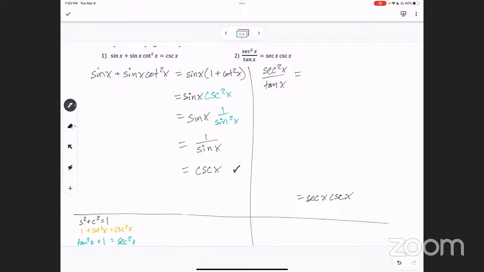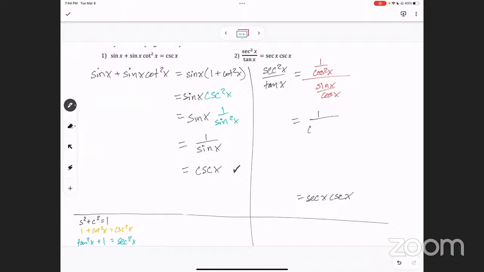Yeah, sine and cosine, you mean? Yep. And what's secant equal to? 1 over cosine. Good. And what's tangent equal to? Sine over cosine. Good. So now what? Multiply by the reciprocal. Perfect.